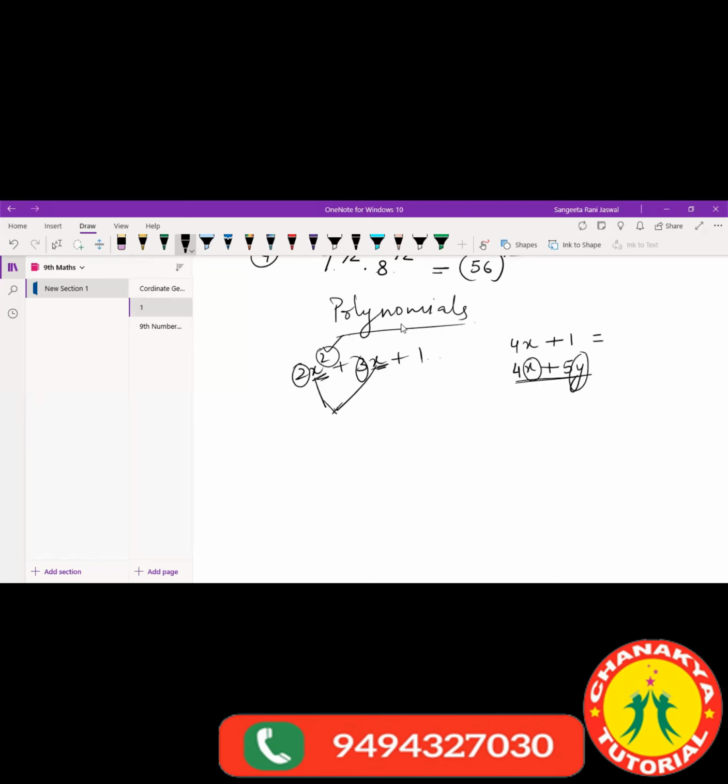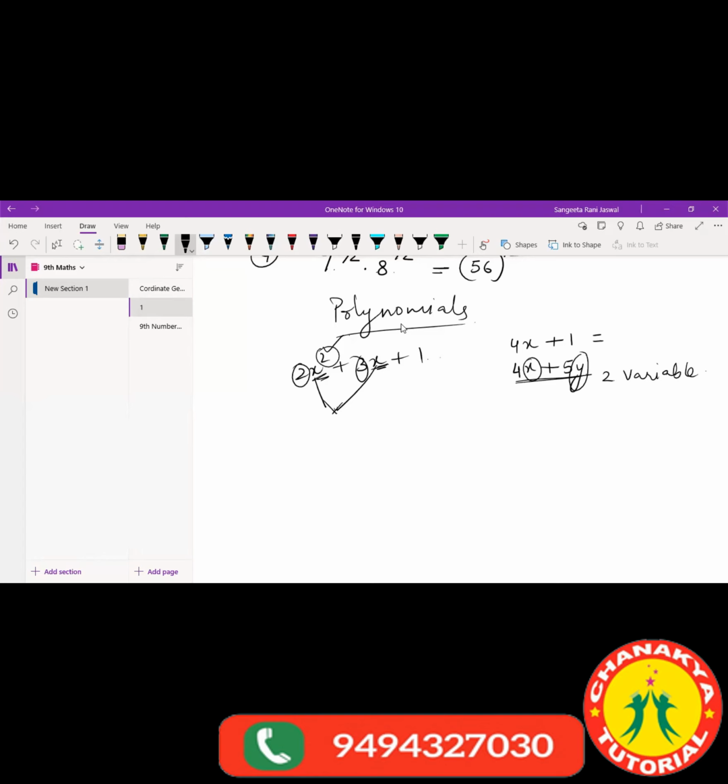This is a polynomial in two variables. Okay. So we are not going into this because our chapter is restricted to one variable. Okay, children. Okay, ma'am. Yes, ma'am.